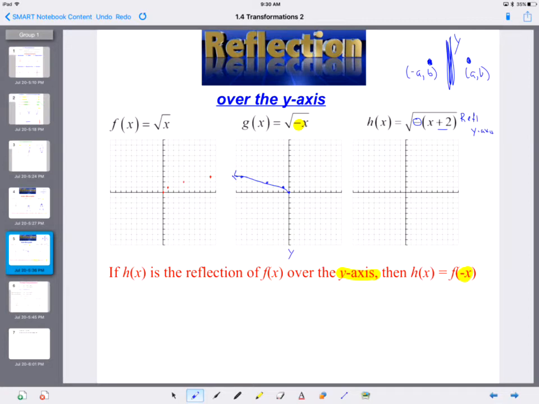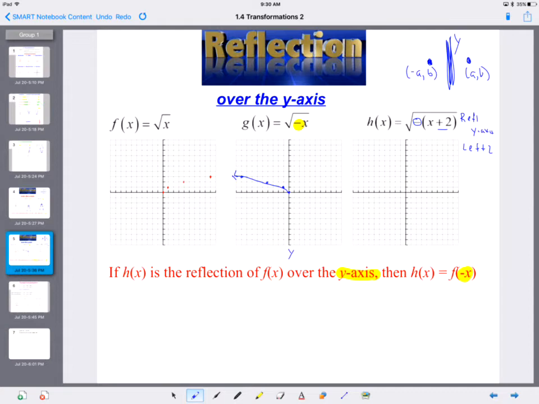And then this one is going to the right. Or not to the right, I'm sorry, to the left. It's x minus a negative 2, so it's going to the left 2. So we're reflecting over the y and shifting left.